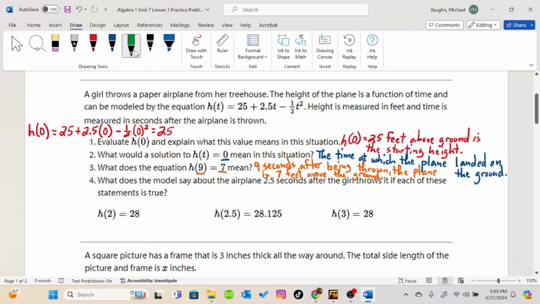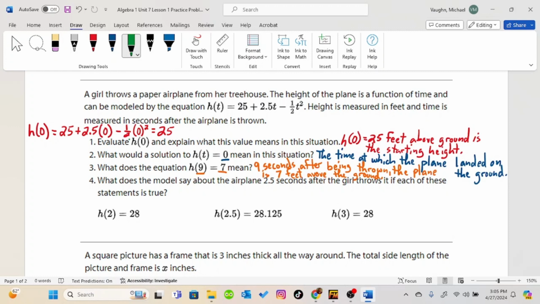And number 4, what does the model say about the airplane 2.5 seconds after the girl throws if each of these statements is true? So we have the height at 2 seconds is 28 feet above the ground.